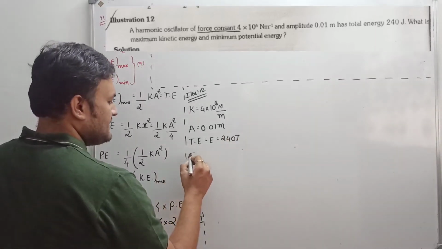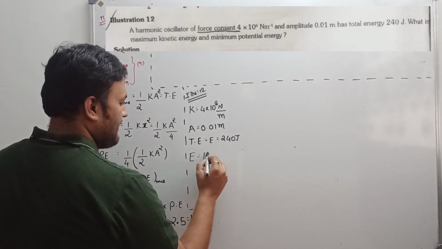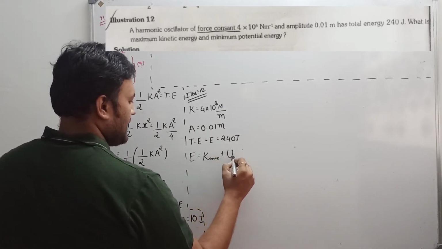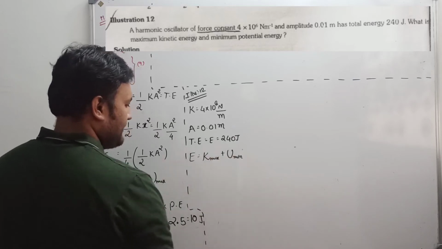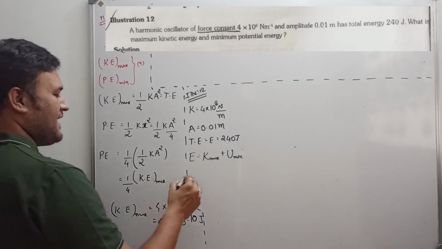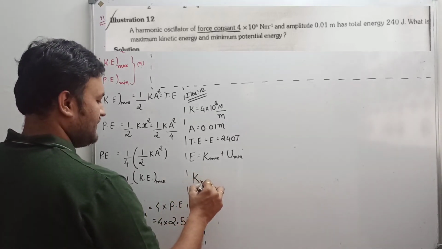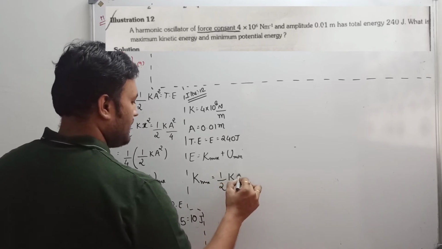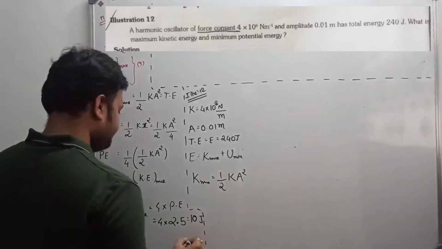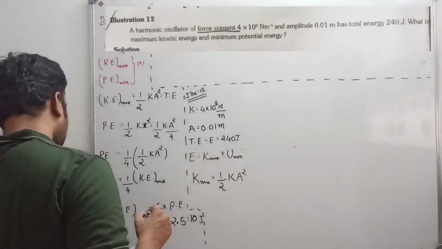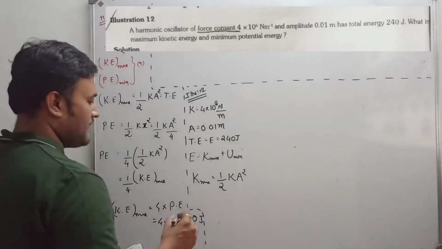I can write E is equal to, if K is maximum, at this time U is minimum. So K maximum we can easily get. K maximum is equal to 1/2 k a square.